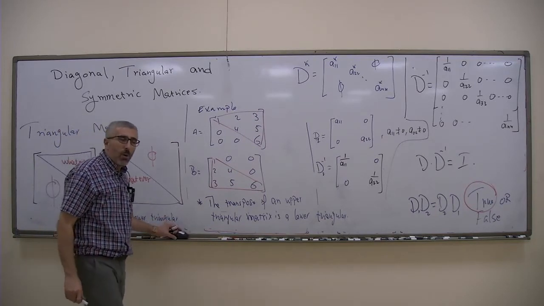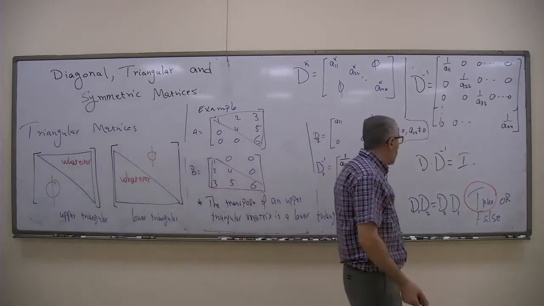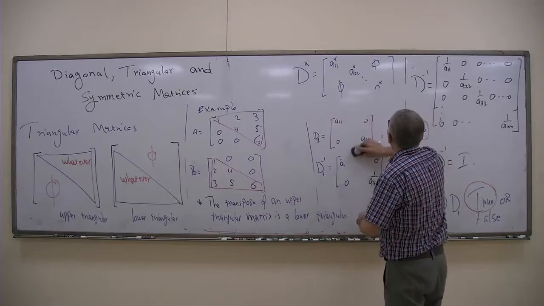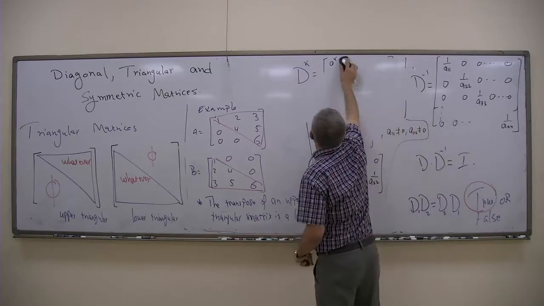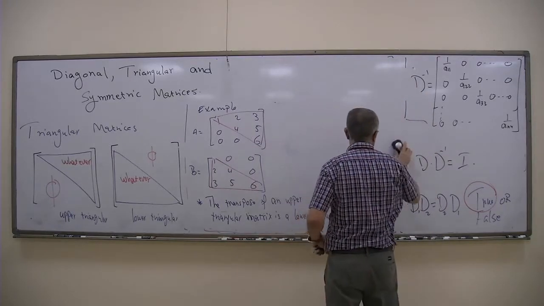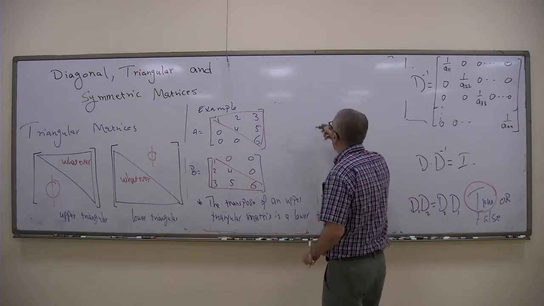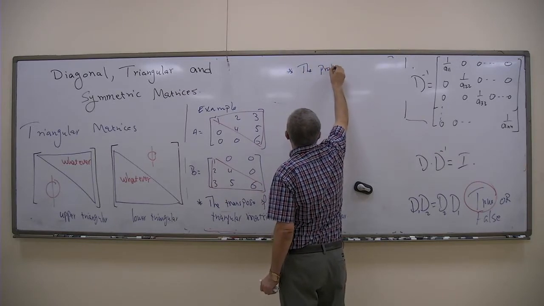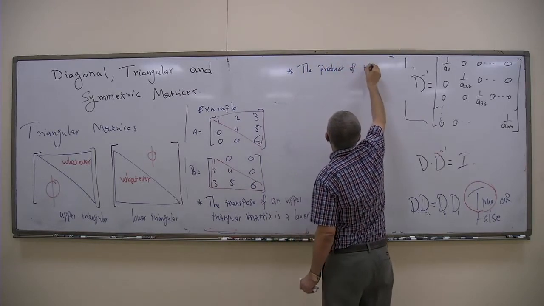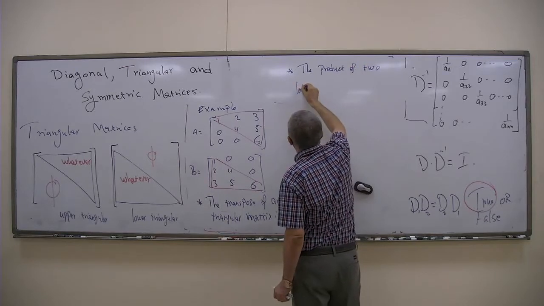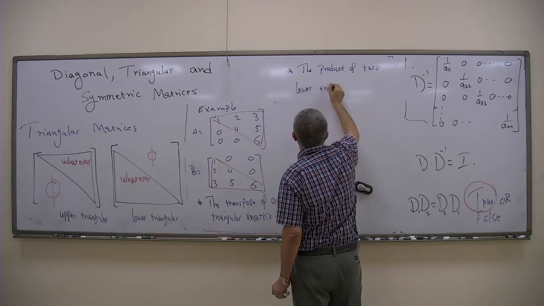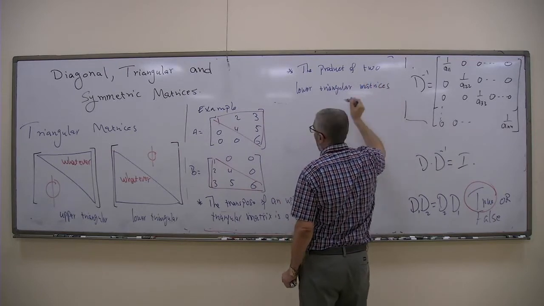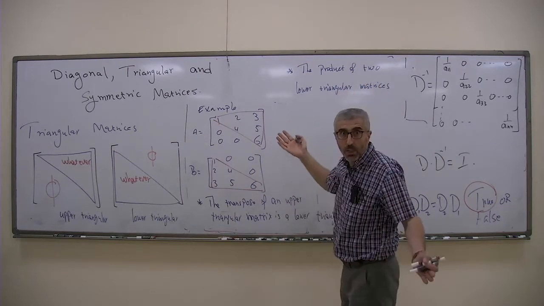Can you think about the product of two lower triangular matrices? Of course, they have to be of the same size, so you can multiply. Okay?